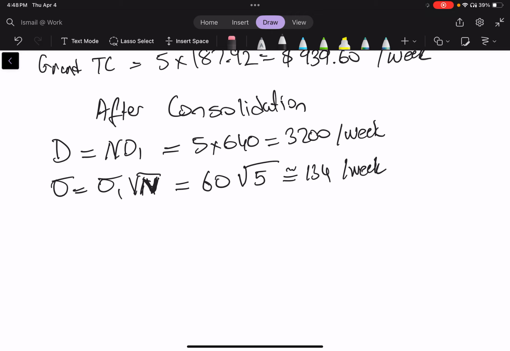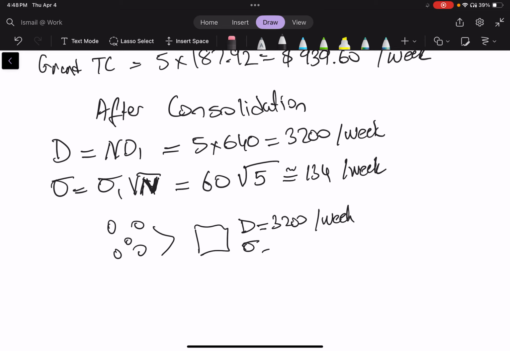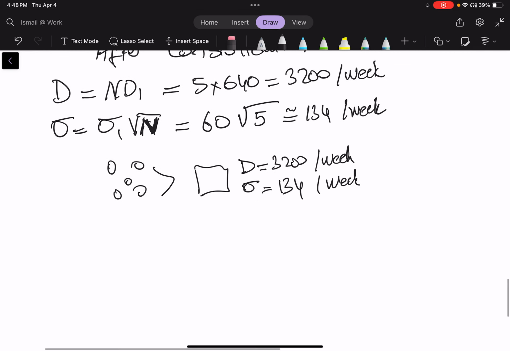And with this now, I basically have a single warehouse that I consolidate the inventory into, and this location has per week demand of 3,200 with standard deviation of 134, right, per week. Right. I'm going to go ahead and calculate the same things.